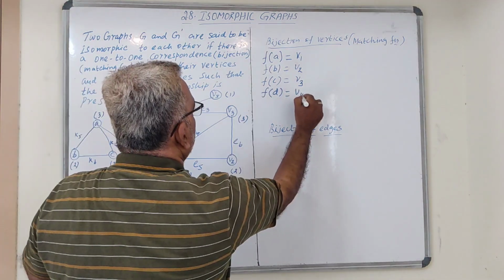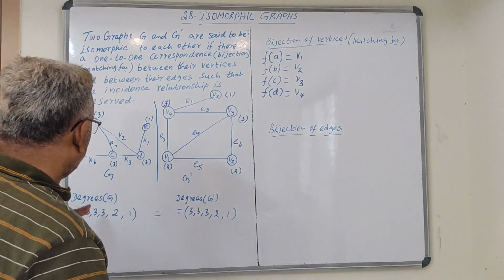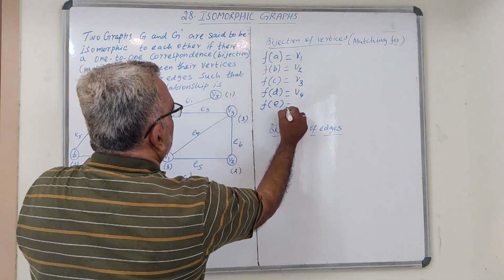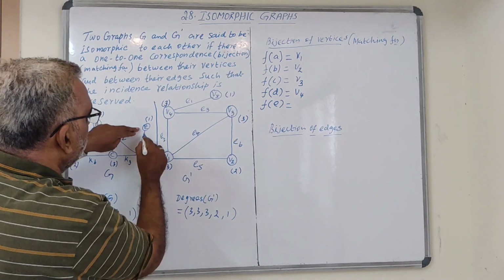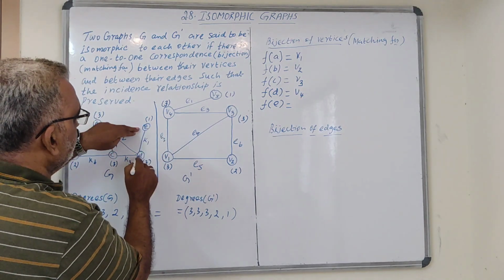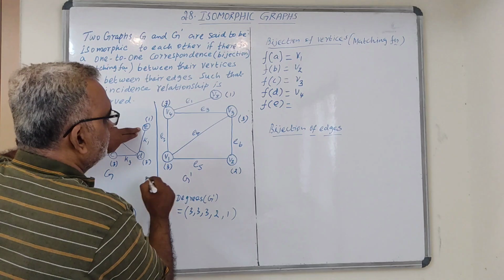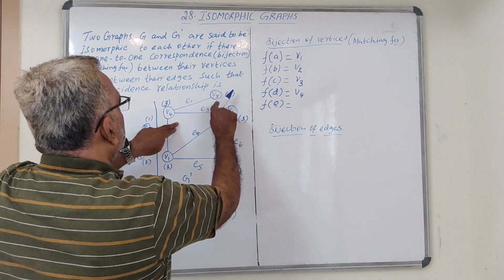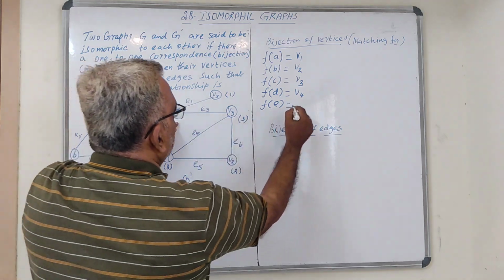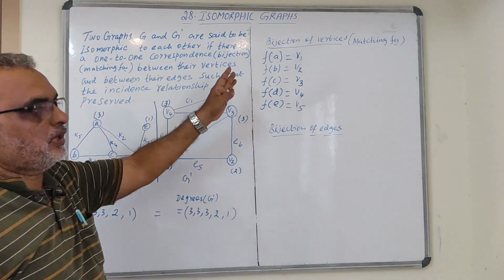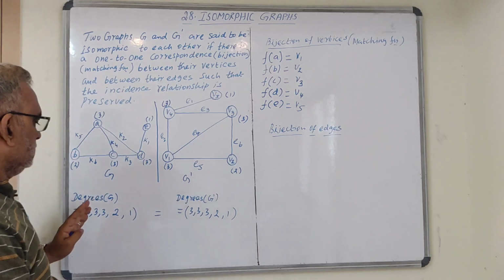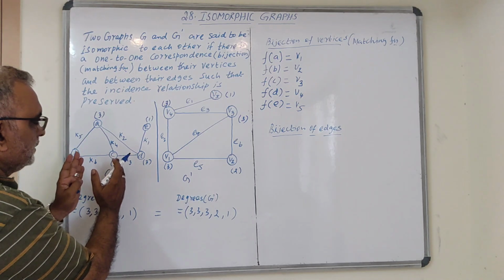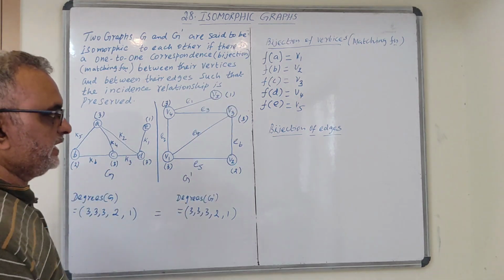So V4 is a correct match for D. Similarly, the next one is E. E is connected with only one vertex, that is D, so the degree is 3. So we can compare V5. V5 is connected with V4, the degree is 3. So the correct match for all the vertices, the bijection of vertices in graph G to G dash, is given here.